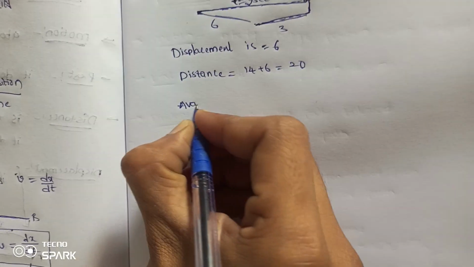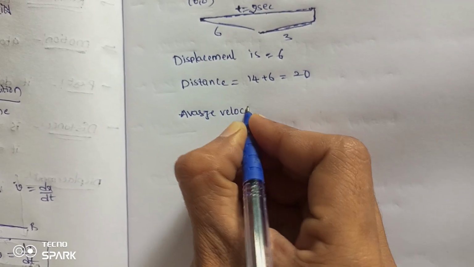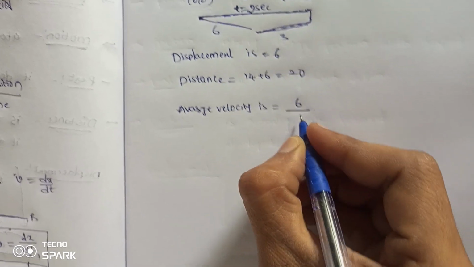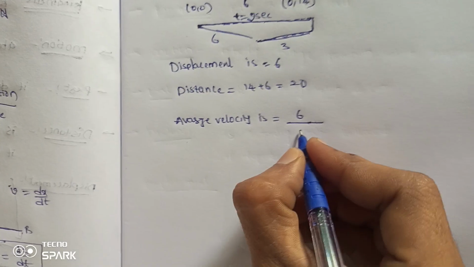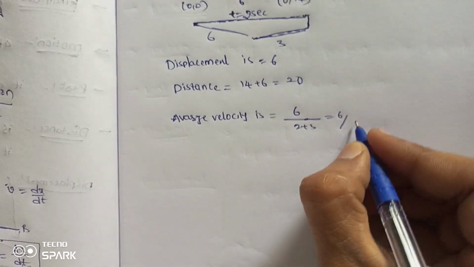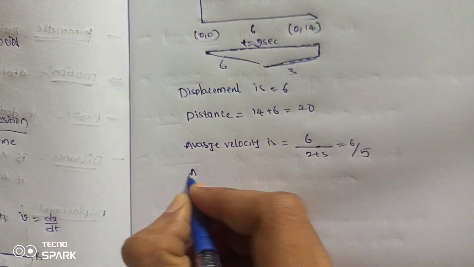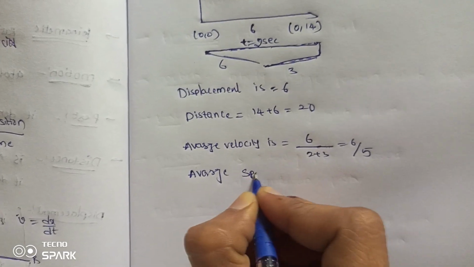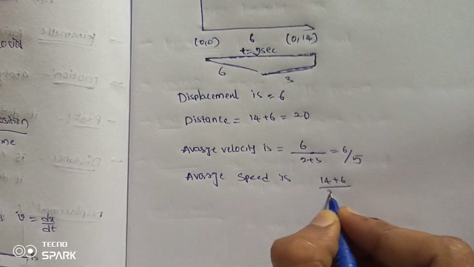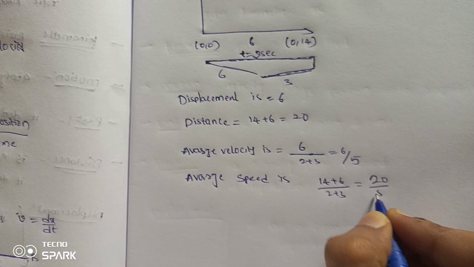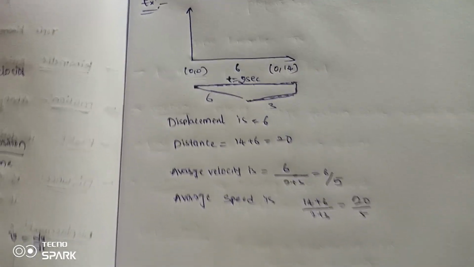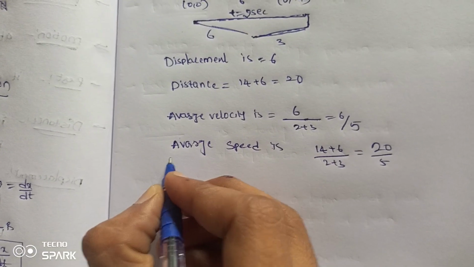From 0 to 14 takes t equal to 2 seconds, and from 14 to 6 takes 3 seconds. Average velocity is 6 by total time, 2 plus 3 is 5. Average speed is 14 plus 6 by 2 plus 3, equals 20 by 5. This is displacement, distance, average velocity and average speed.